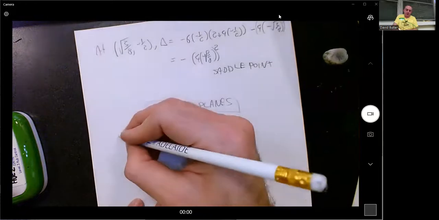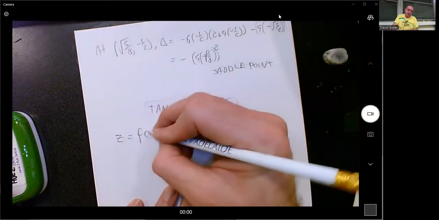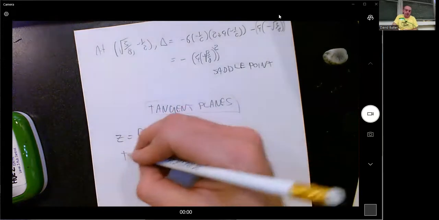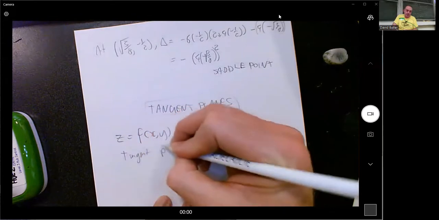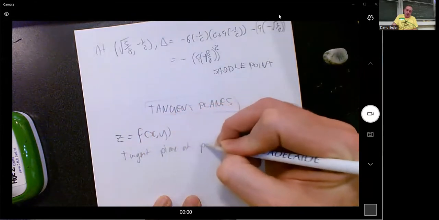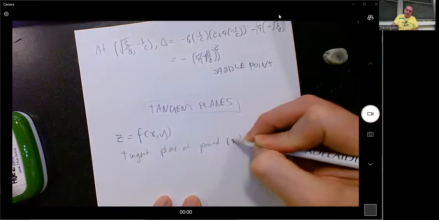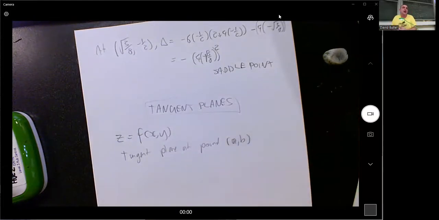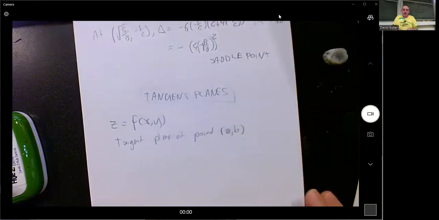And so you can say, so you could have z equals f of x, y. That's what we're imagining. And then what you could say is, well, your tangent plane at the point AB, where z is, well, above the point AB, if you like, or below it, has the same slope as your function does in both the x and the y directions.